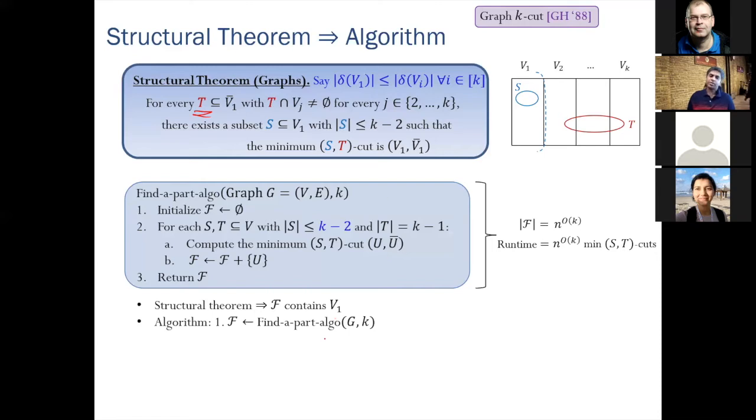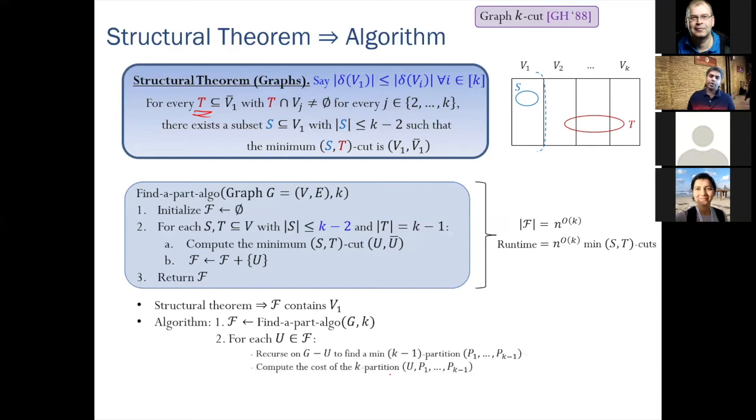Use this procedure to find the family F. For each subset U in the family, we recurse by removing U and looking at the remaining graph to find a min K minus 1 partition. Recurse on G minus U to find a min K minus 1 partition, say P1 through Pk minus 1.